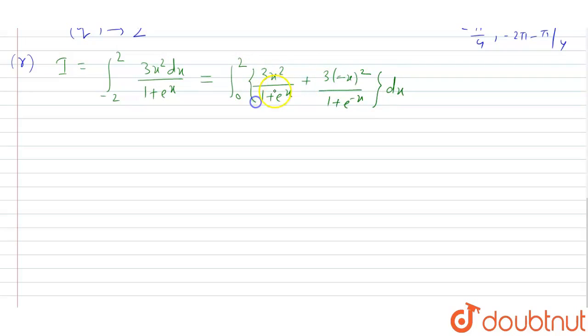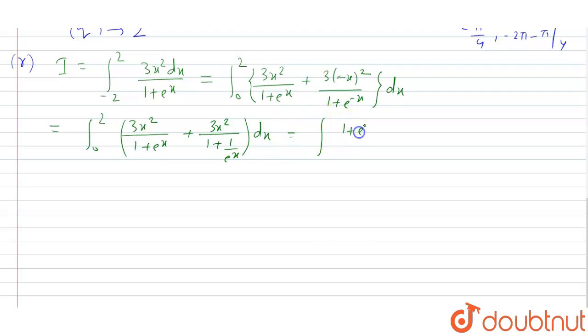By solving this we will have the integral from 0 to 2 of 3x square upon 1 plus e raised to power x, which will give us 1 plus e raised to power x, plus 3x square upon 1 plus 1 upon e raised to power x, dx.